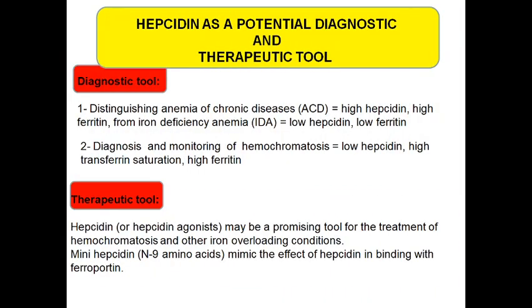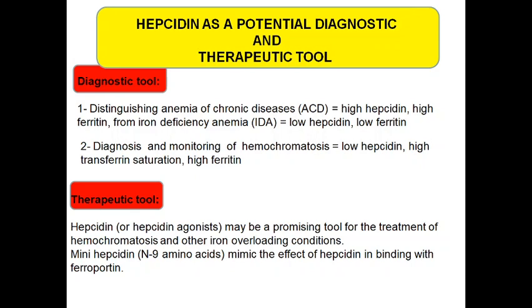Hepcidin as a potential diagnostic and therapeutic tool. Hepcidin may help in the differentiation between anemia of chronic disease, ACD, where there will be high hepcidin and high ferritin, from iron deficiency anemia, where there will be low hepcidin and low ferritin.